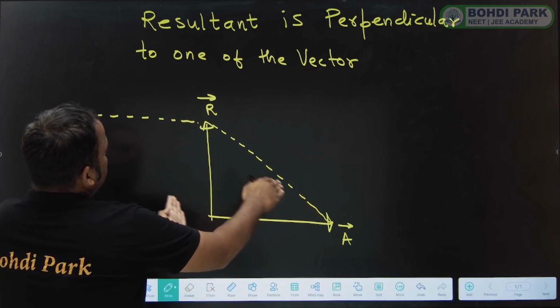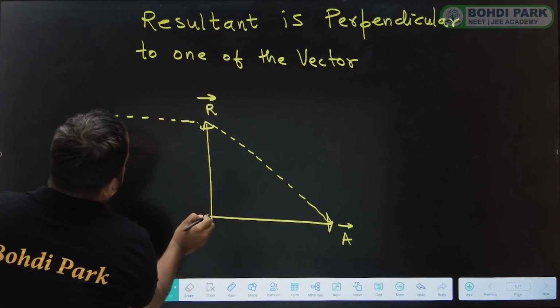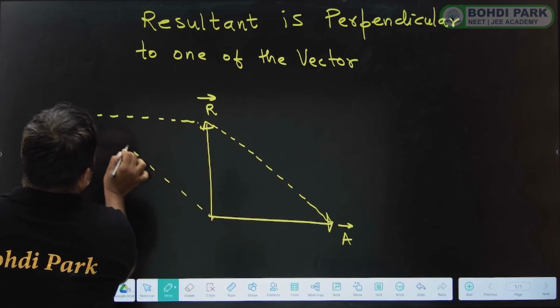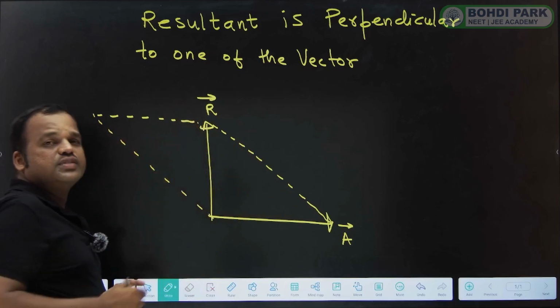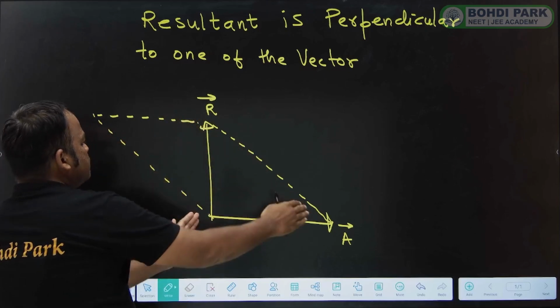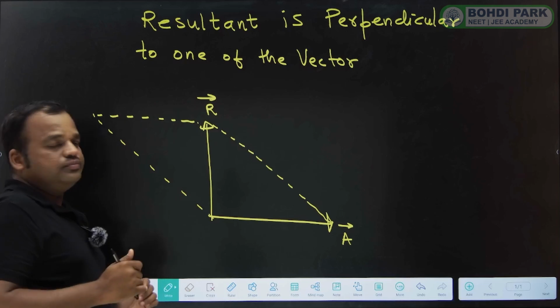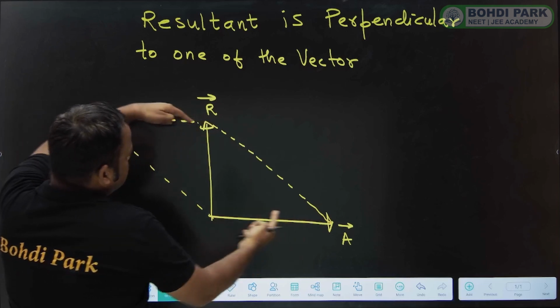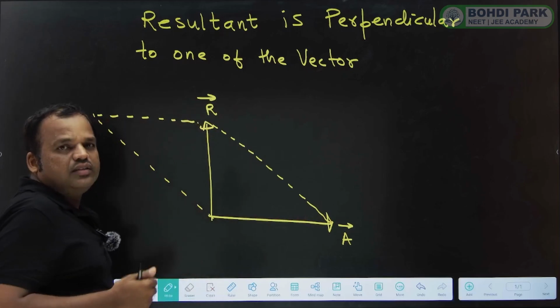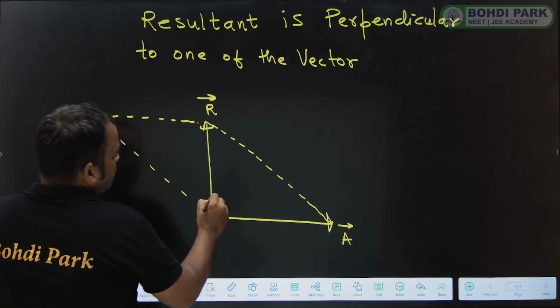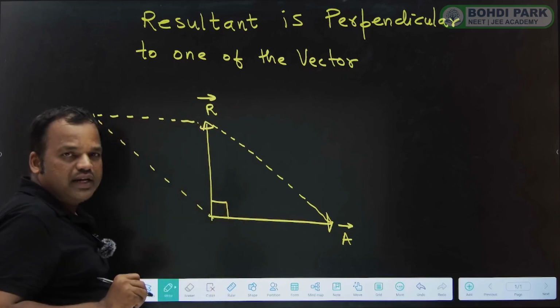So one line I'm drawing like this. Now these two sides are opposite to each other, and also they are equal. Similarly, these two lines are equal and they are parallel. So we have this angle as 90 degrees.